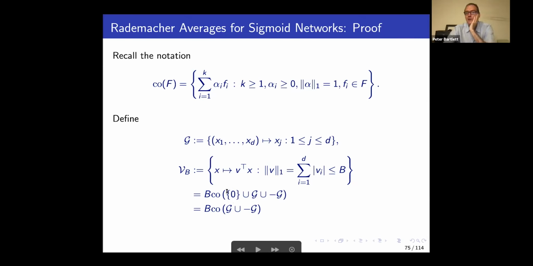Because I've made things symmetric, this is redundant. I just have B times the convex hull of my coordinate class union the negations of the elements of the coordinate class. This is just another way of writing the class of first layer functions.